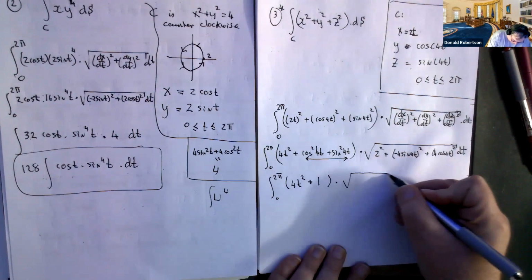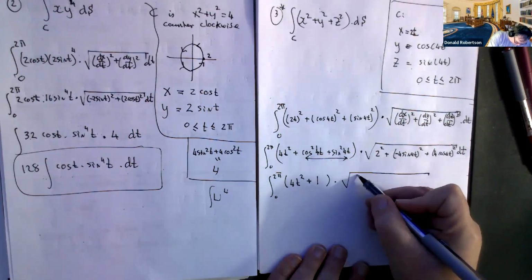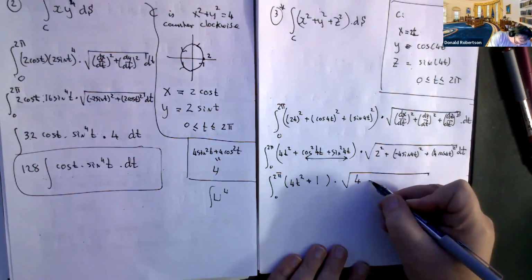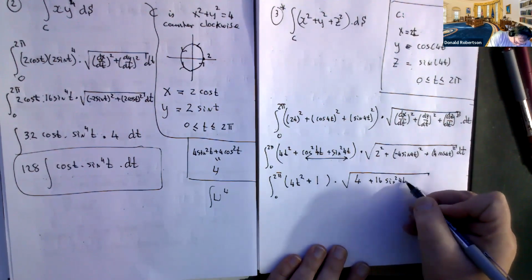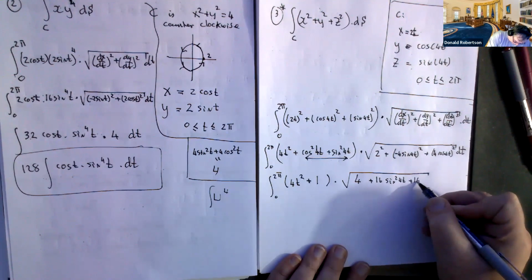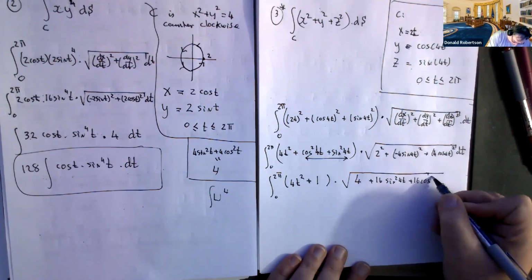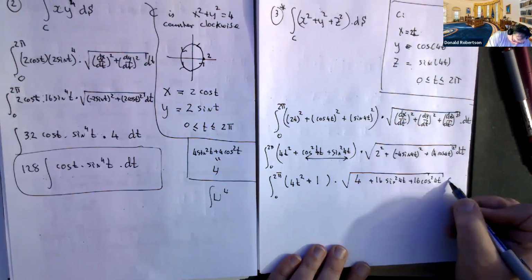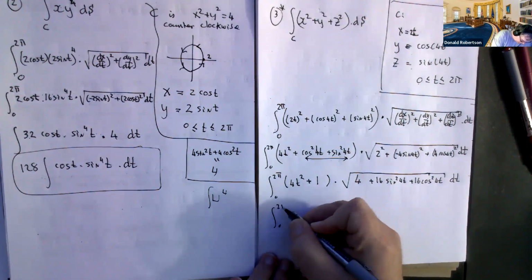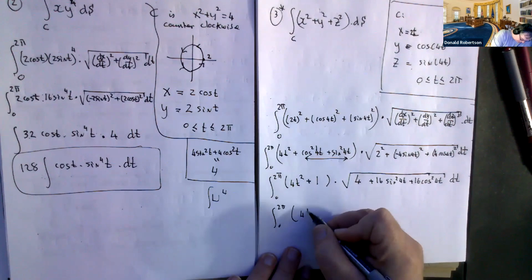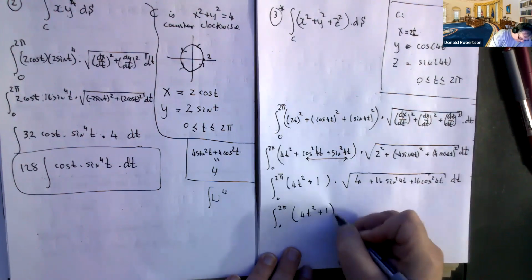Times square root of 2 squared is 4. That guy is 16 sine squared 4t. That guy is 16 cos squared 4t dt. So let's integrate from 0 to 2 pi. 4t squared plus 1.